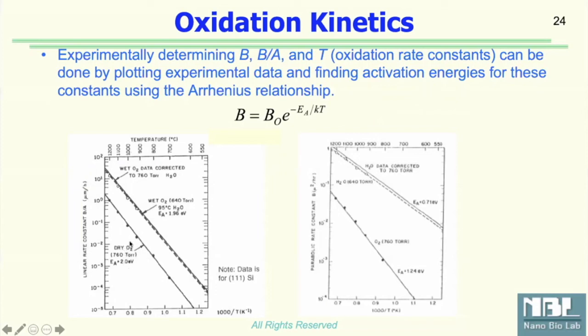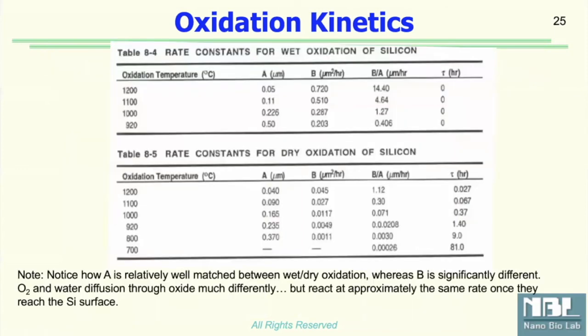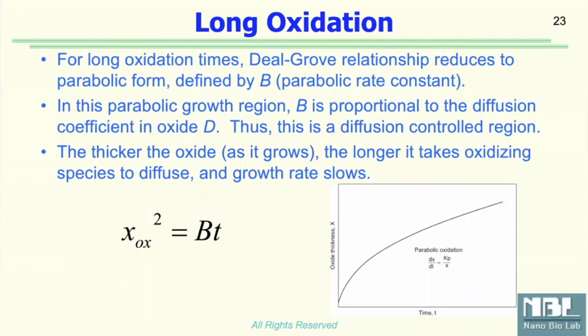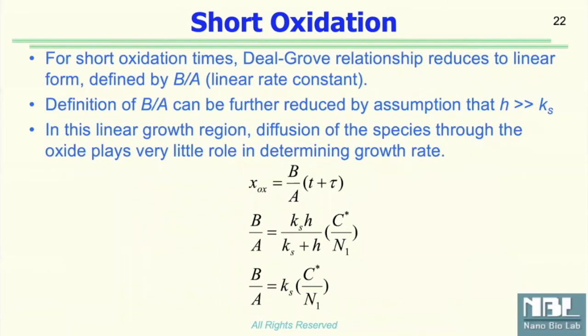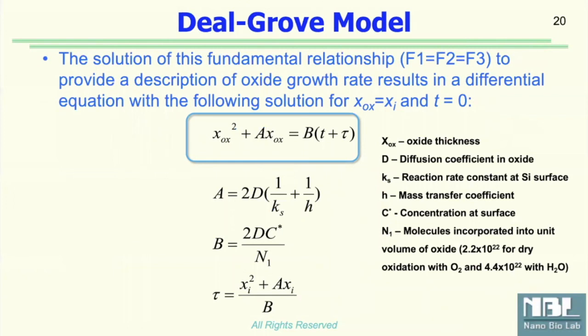If you see here, there is dry oxidation and wet oxidation. Remember, we have two types of oxidation, where we introduce just oxygen, or we introduce water, and that water results in oxygen being used. So we get these two rate constants here, and we can make a table from that, and this data can be plugged directly into these equations for long oxidation, for short oxidation, or for an overall equation like the one given for the Deal-Grove model.